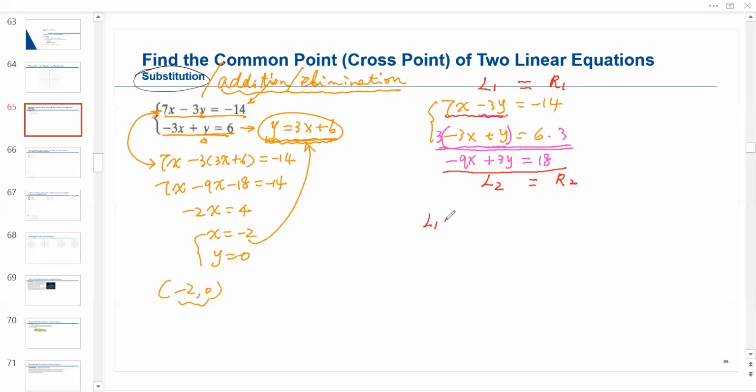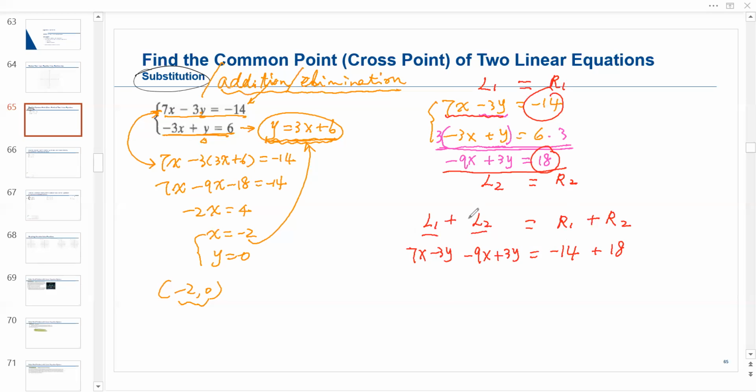So if the left parts add together, they still equal the right parts added together. The left one here is 3x minus 3y, and this one became negative 9x plus 3y. The right part here is negative 14, here is 18, right?